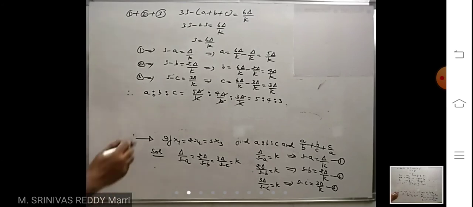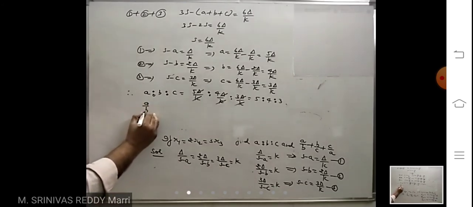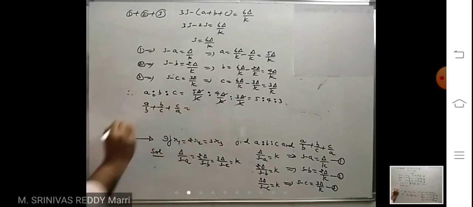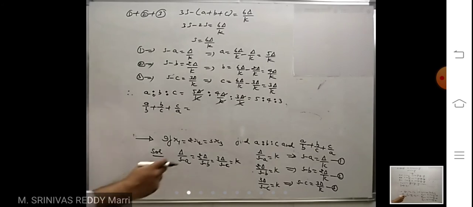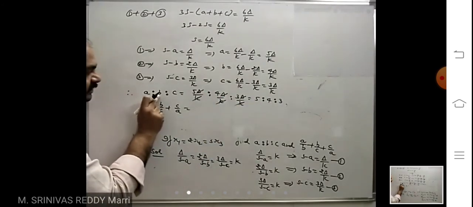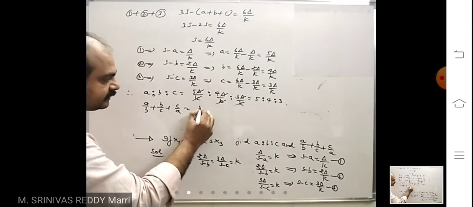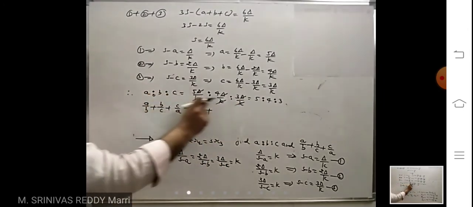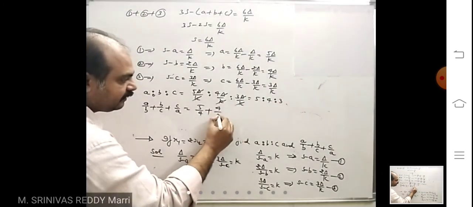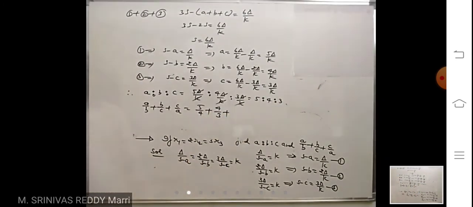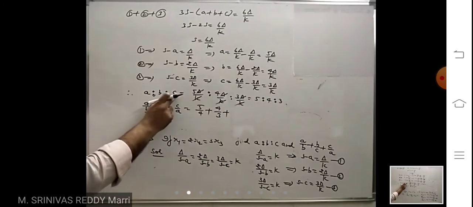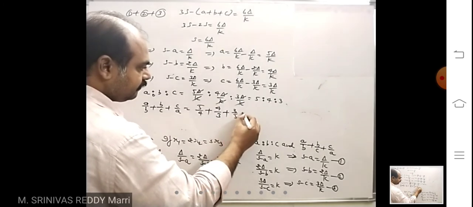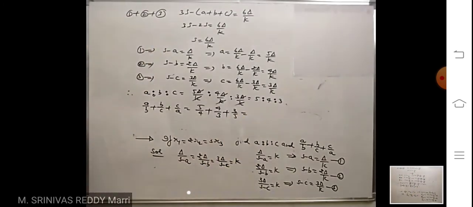Now, the second question, he is asking to calculate A by B plus B by C plus C by A. So what is A by B? A is to B is 5 by 4. B is to C is 4 by 3, plus C by A means 3 by 5.